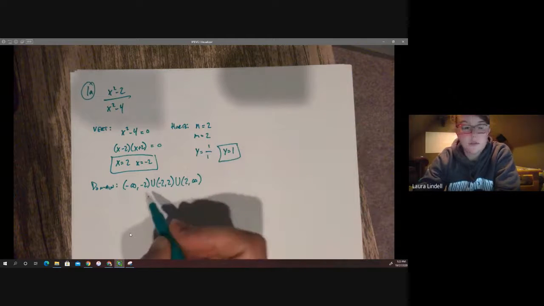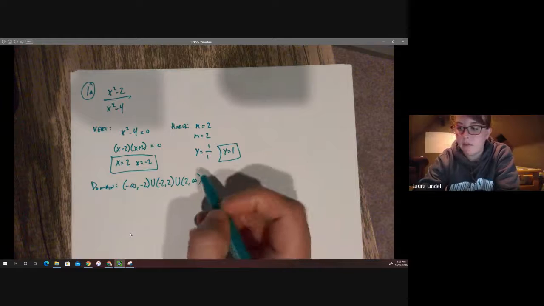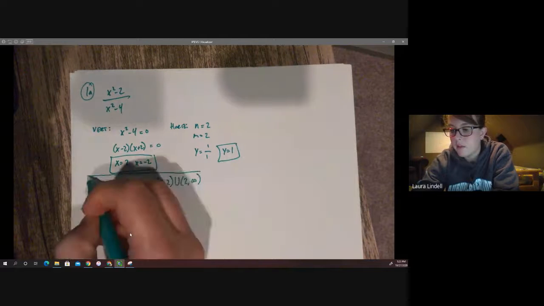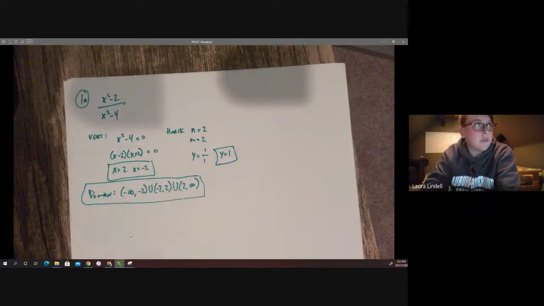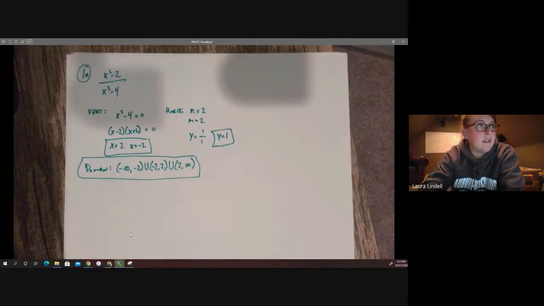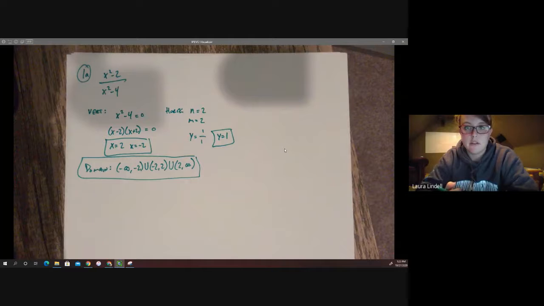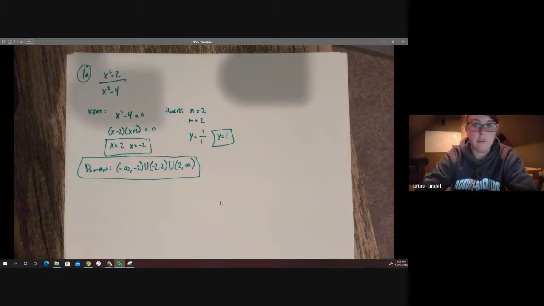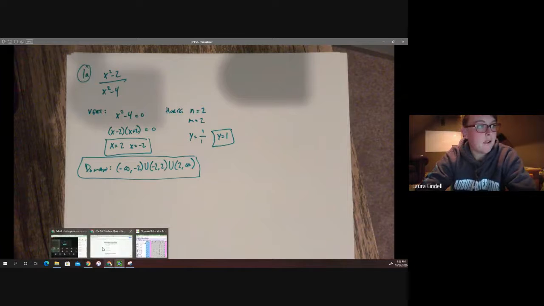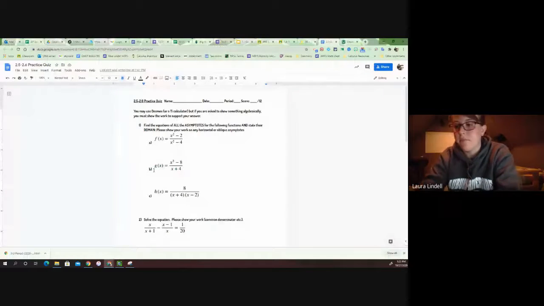So that's how we exclude the values of negative 2 and positive 2. So there's a complete answer for 1A. Any questions about 1A? Okay, if you do have any questions at any point, feel free to unmute yourself and say so, or type in the chat. Moving along to 1B.